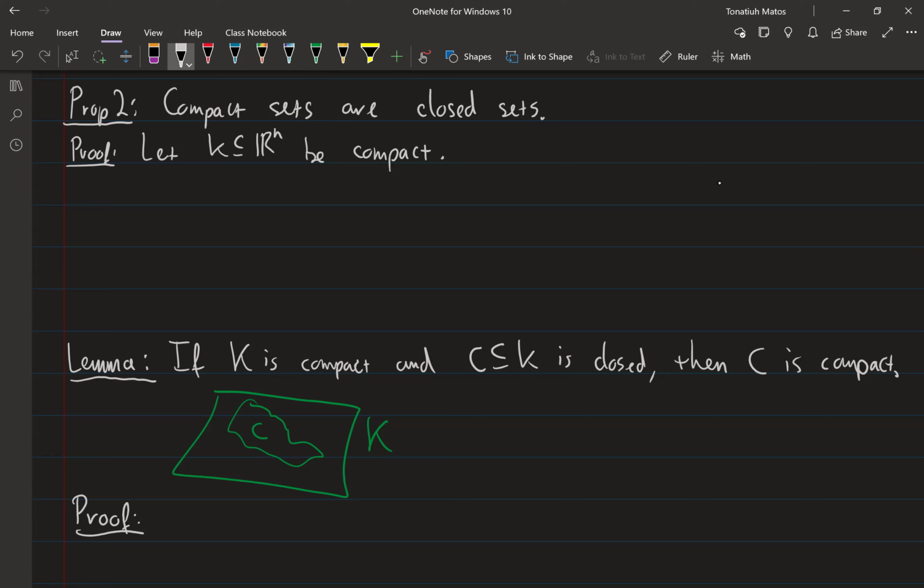Any suggestions for either of these? What open cover can we use? And I like these two proofs because they're very pure, right? They don't require any knowledge about the real numbers, about Rn, about anything. These are pure topological proofs that only use the definition.